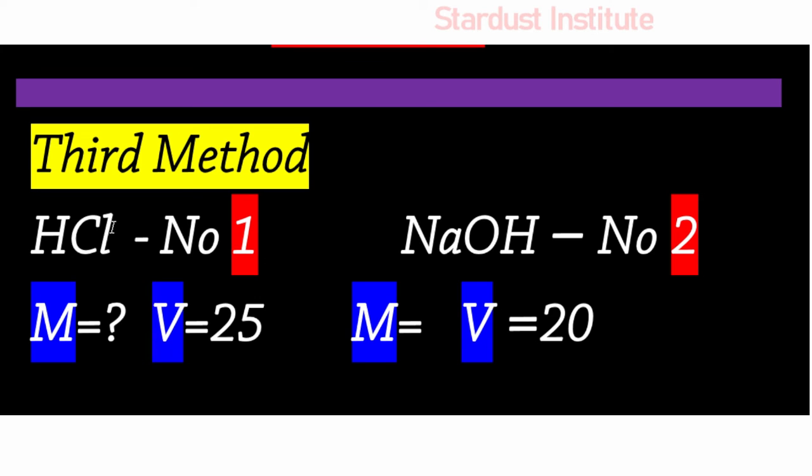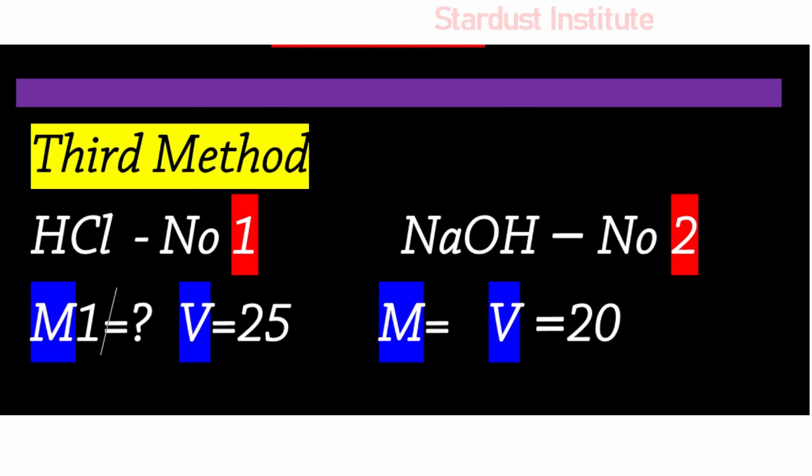Now we have taken the HCl solution as number 1 solution. Therefore, we can take the molarity of this HCl solution as M1. We have to find it. We don't know it. We can take the volume of this HCl solution as V1.